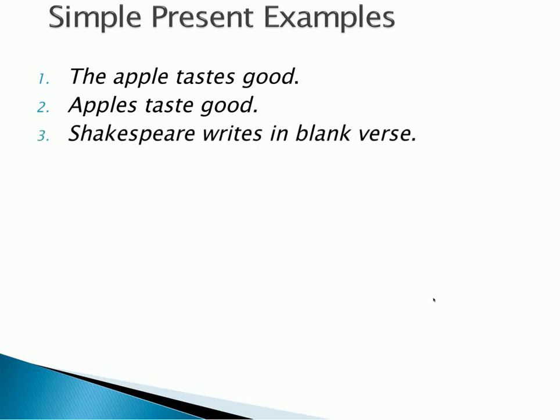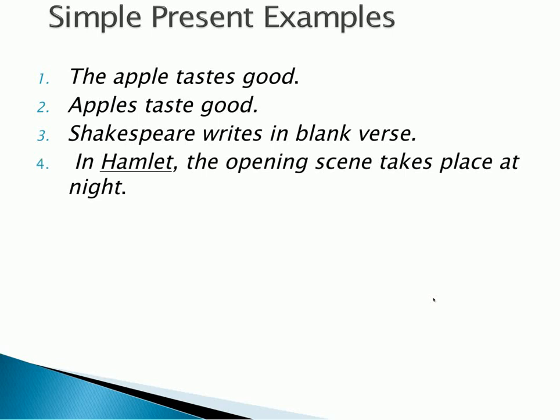Shakespeare writes in blank verse. He did this in the past, but it's still relevant now. That's why although I am making reference to the past, I have to write in the simple present. In Hamlet, the opening scene takes place at night. This is also past, but the plot is told in the present.